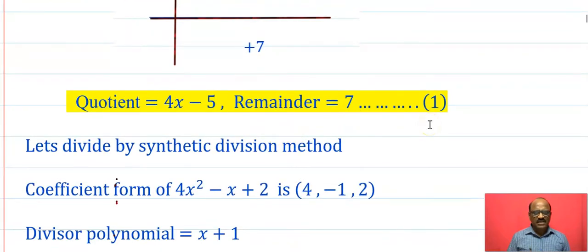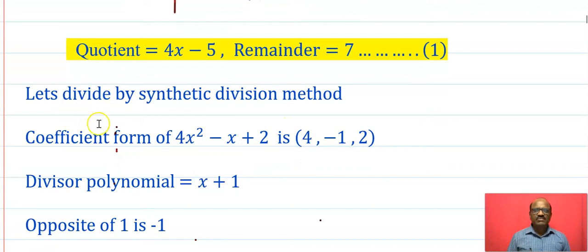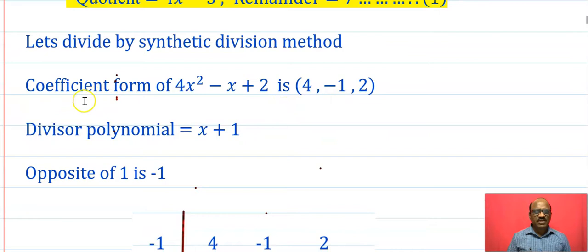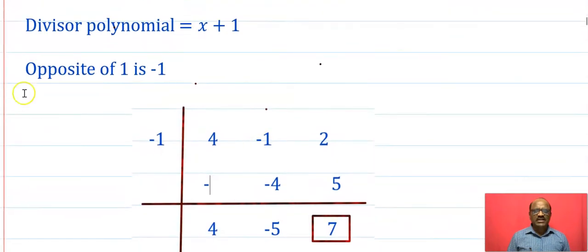This is 1. Now again we will verify by the synthetic division method, that we have learned in the previous exercise. Coefficient form of 4x square minus x plus 2 is 4, minus 1, 2. Divisor of the polynomial is x plus 1. That is the opposite of 1 is minus 1, and we can write here 4, minus 1, 2, and here is minus 1.